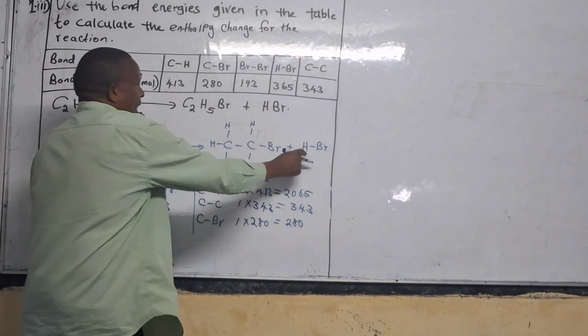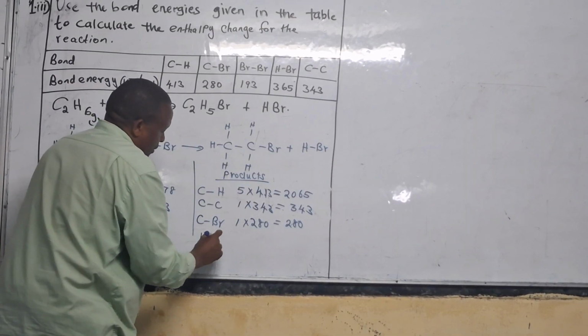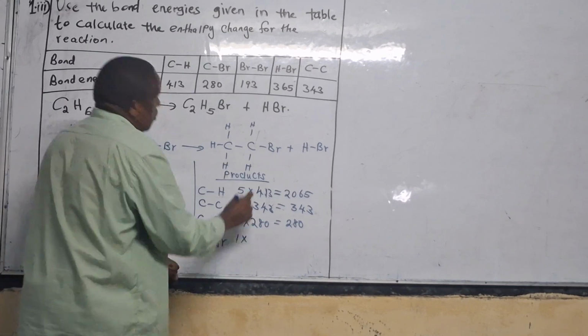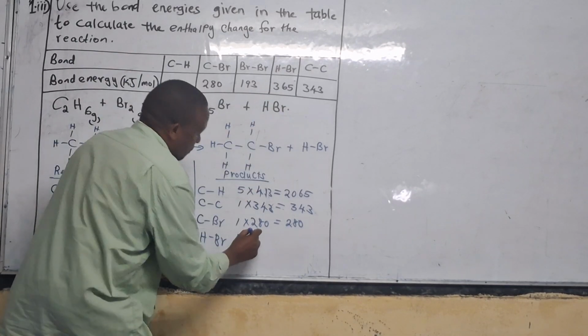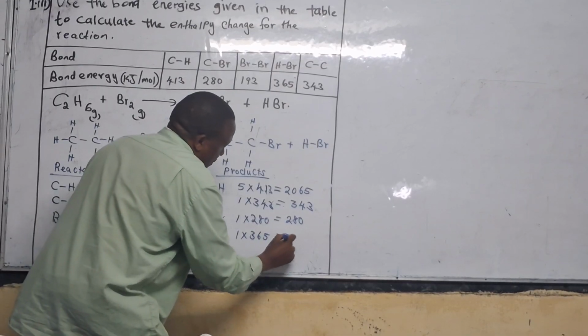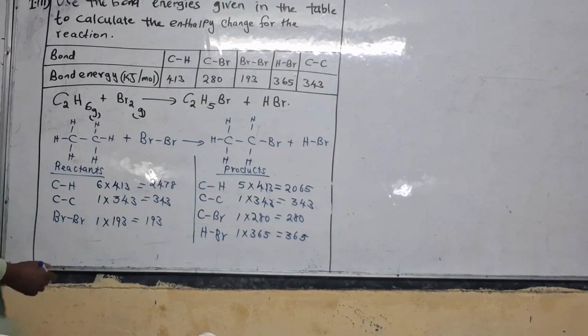And lastly, hydrogen-bromine covalent bond. How many are there? One. Bond energy of the hydrogen-bromine bond? 365. What do you get? 365. Now, let us sum.